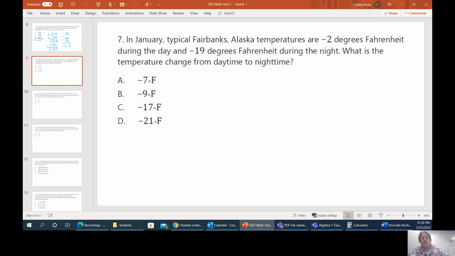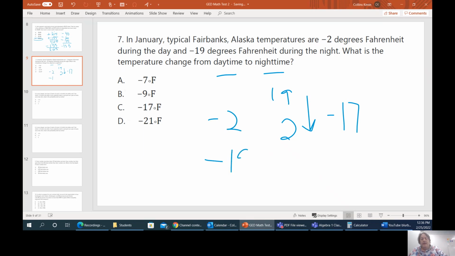Okay, so this is where this kind of messes people up. So think of it this way. If you were at 19 degrees and you went all the way down to 2 degrees, right? That would be -17. So it says, what is the temperature change from daytime to nighttime? So it's the same thing here. If you're at -2 and you go all the way down to -19 again, it's going down 17 degrees.